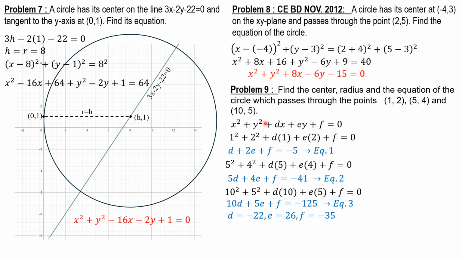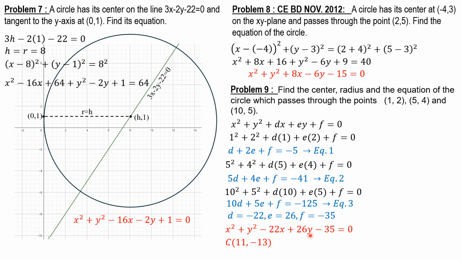So the equation of the circle, substituting into this reduced general form, is x squared plus y squared minus 22x plus 26y plus negative 35 equals 0. So this is the equation of the circle. The center is negative 1/2 of negative 22, so positive 11, comma, negative 1/2 of 26, negative 13. So the center is at (11, negative 13).